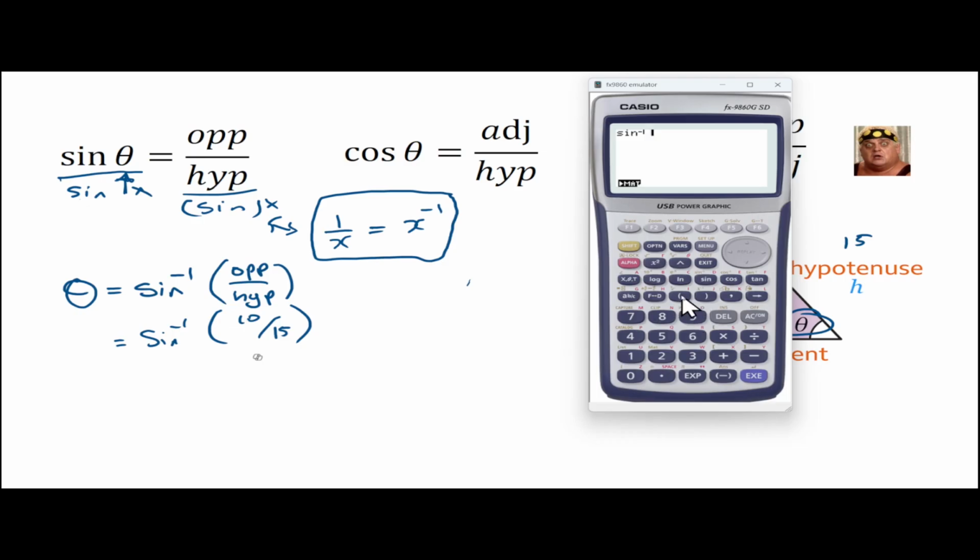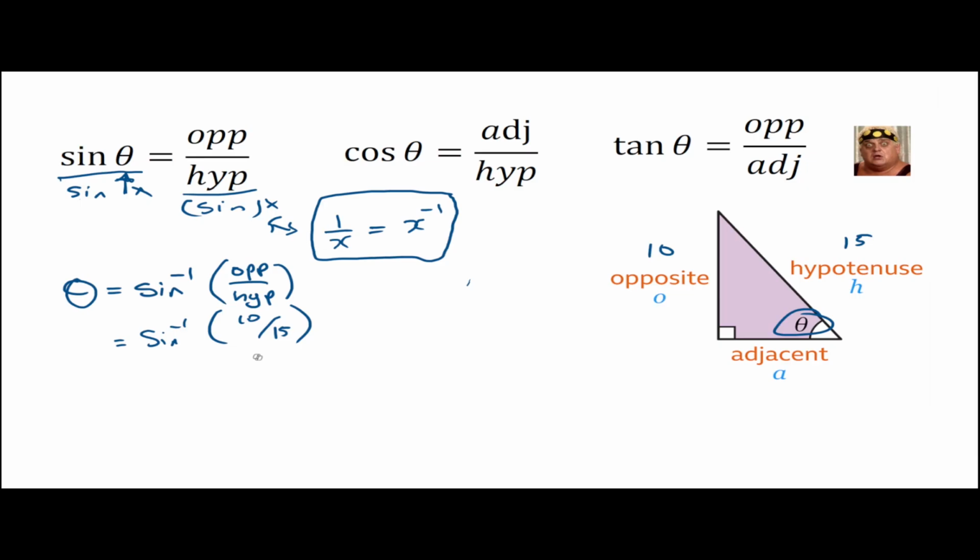Now on these Casio calculators, I would recommend that you put a bracket in there. These Casio calculators can be quite fickle. We don't want to find sine -1 of 10 and then divide everything by 15. It wouldn't be the same. Set up there, 41.8 degrees.